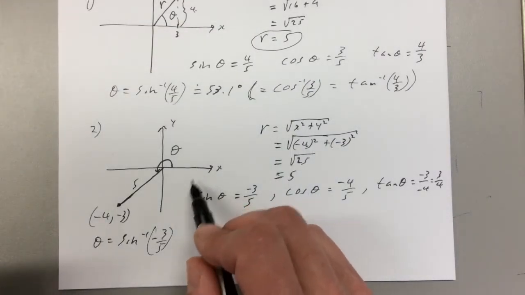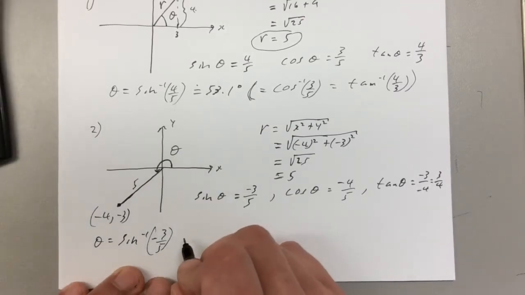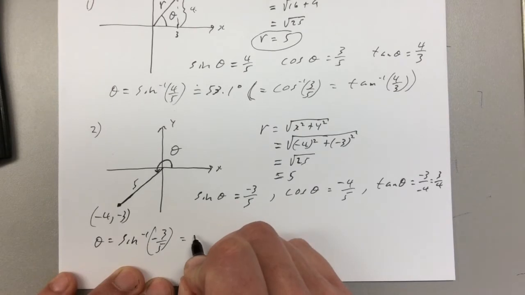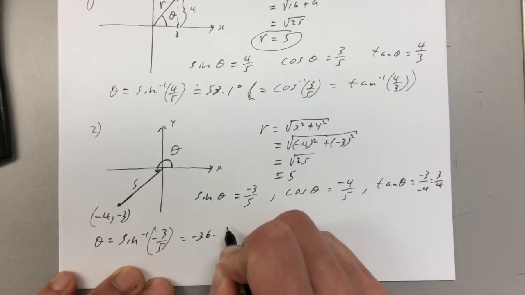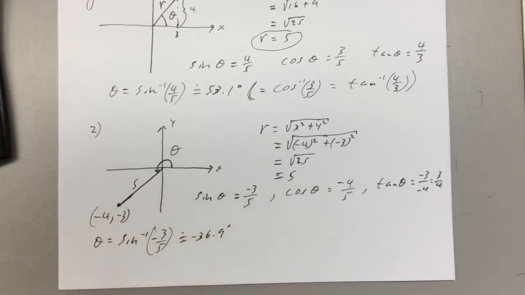Okay, so it's not down here. So that'll give you a negative number, a negative angle. So that's not very helpful.